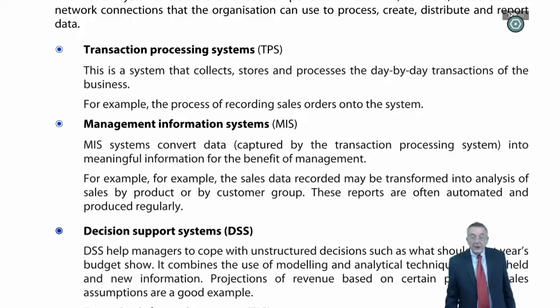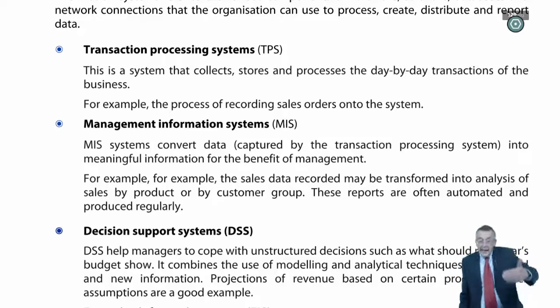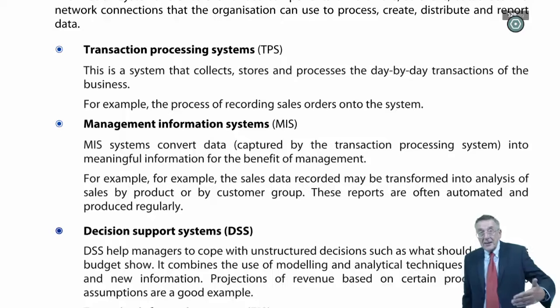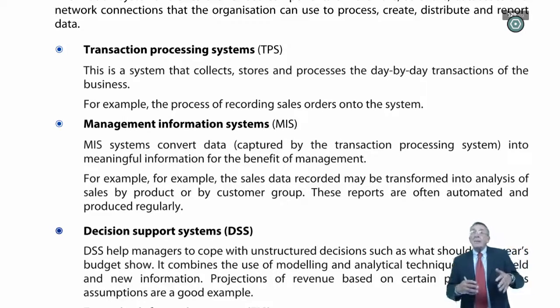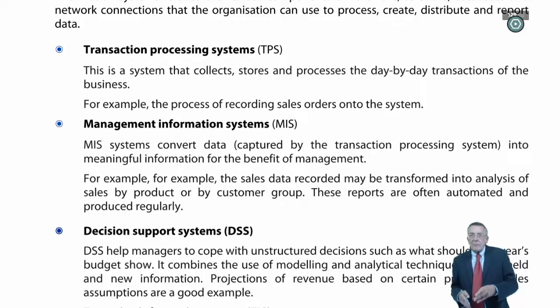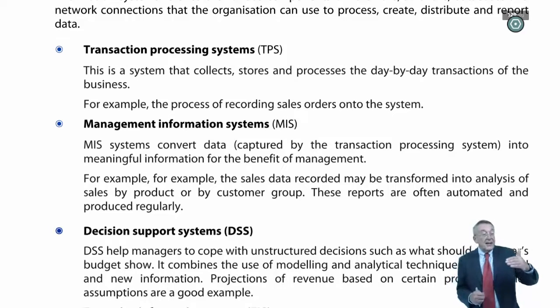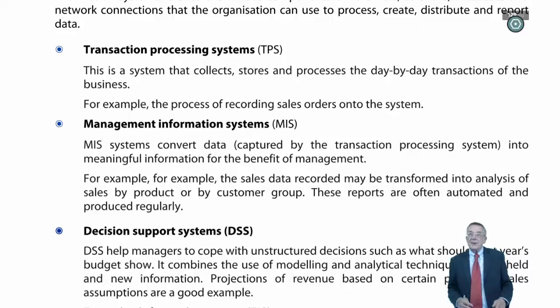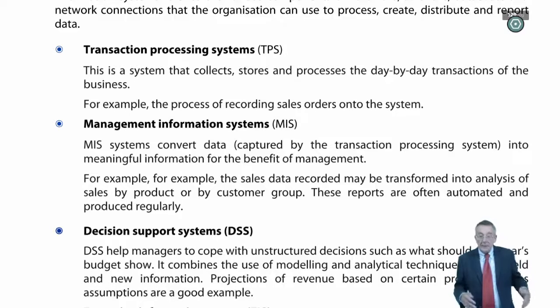And so what the management information system does, it takes the data from the transaction processing system, where wages are all recorded, but it tends to summarise and analyse to give managers the information that's more useful to them. So transaction processing has every single wage recorded. Management information system summarises them and gives them total wages, again perhaps analysed between departments.